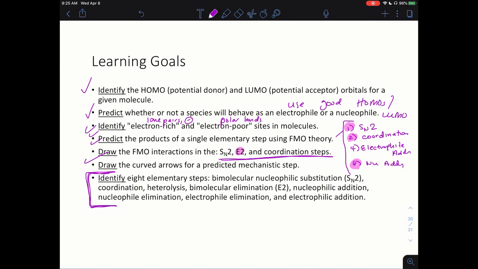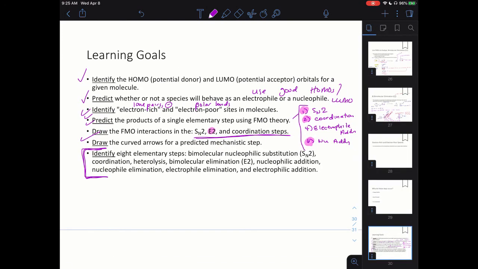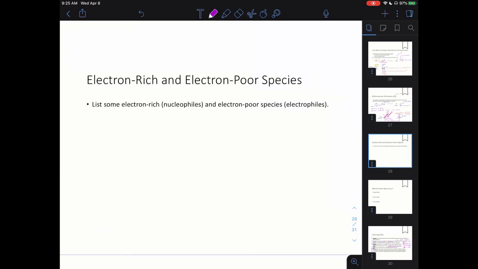That's where I have the numbered slides where we've gone through and talked about the patterns. So just start to recognize the patterns. It's going to take some practice, so we're just getting started on that. Okay. So I think I'm going to end our discussion here. I think that you should go back through these slides and list some electron-rich and electron-poor species.